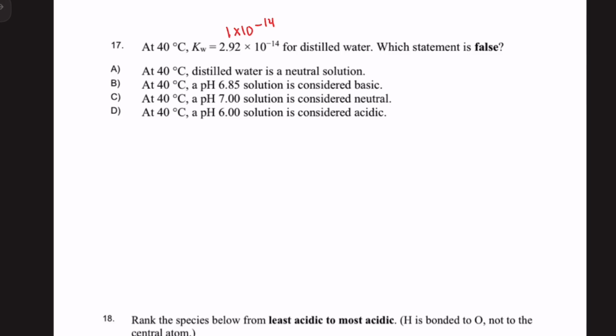So the way to go with this question is to find out what the pH of the water is in this particular scenario, which is going to be negative log of 2.92 times 10 to the negative 14. And you will find that it is 6.77.